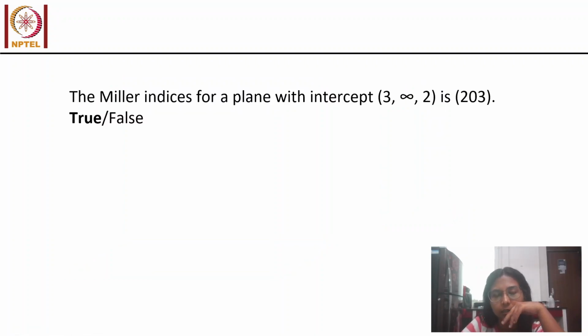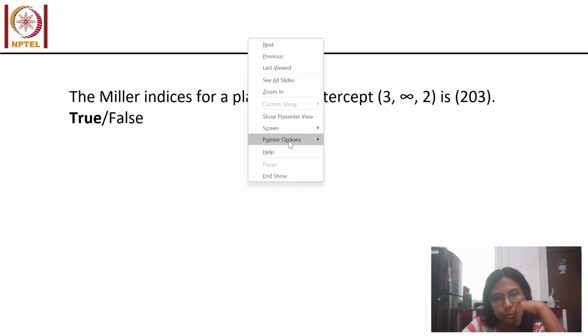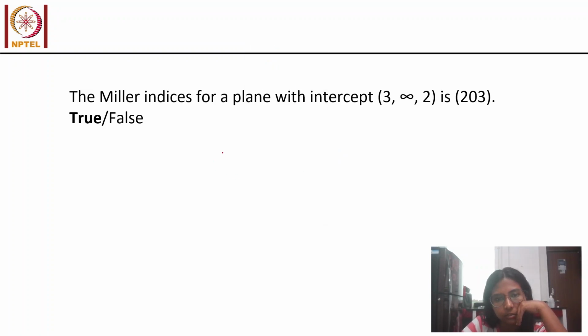Then the next was this question: what will be the Miller indices for a plane with intercepts of 3, infinity and 2? Let us try to do this. If I take my pen, the intercepts given are 3, infinity and 2.